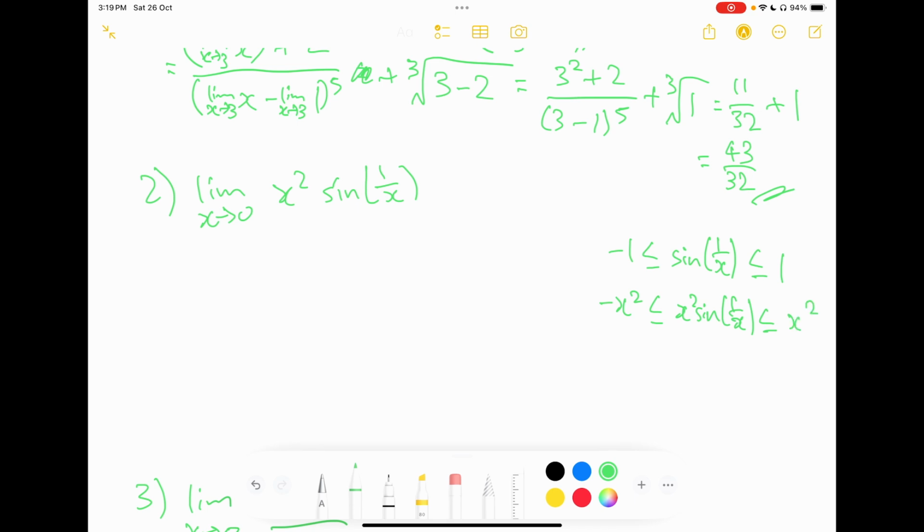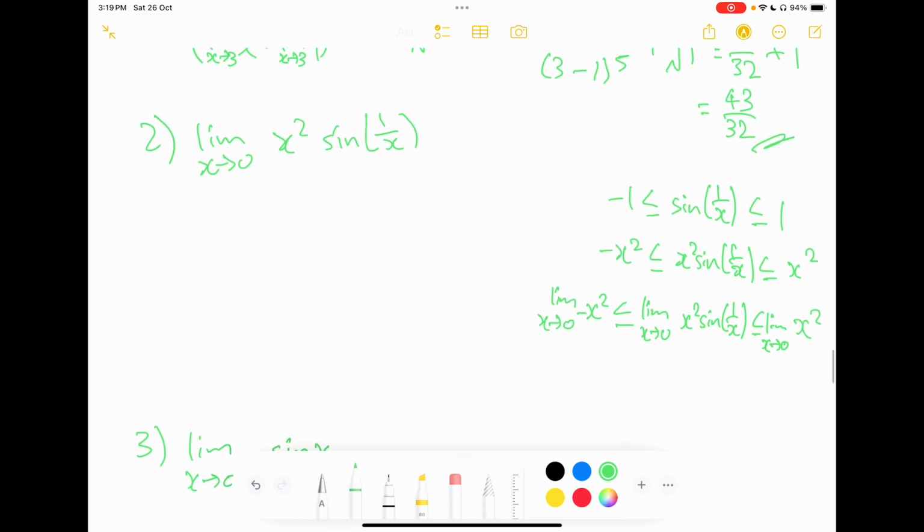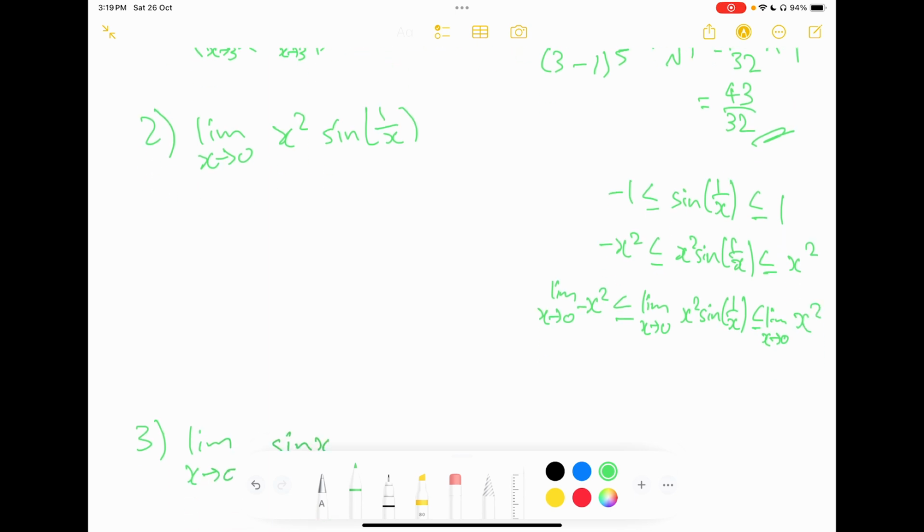And in fact, we already have the function that we're trying to find the limit of in the middle. So if we were to take the limit of all of the functions, we'll actually find that the limit of the functions that are bounding it on the left and the right are actually 0, because, I mean, it's quite obvious.